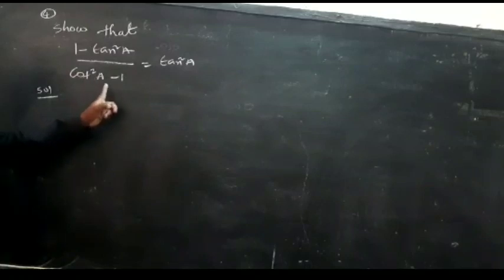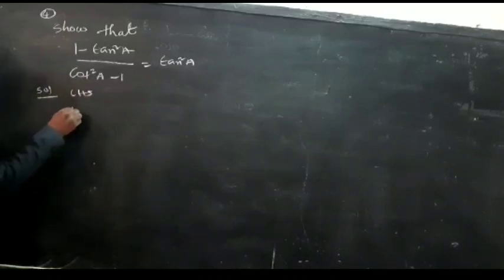Here is another question from exercise 11.4. Show that (1 minus tan square A) by (cot square A minus 1) is equal to tan square A. First I am taking LHS. What is LHS here? (1 minus tan square A) by (cot square A minus 1).